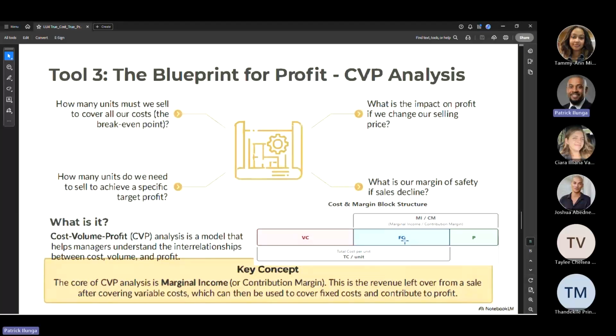And that's how a managerial accountant is a very clever person, because he says, I need to look at my marginal income. The variable cost is fine, it's going to be taken care of every time I'm producing. The fixed cost, that's the thing I need to kill. Once I kill it, then I can start making profit. Is this making sense?